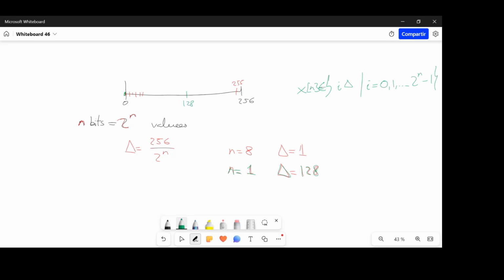For instance, in the green one, I can take the values 0 to 1. And delta is 128, so I can take only the values 0 and 128.